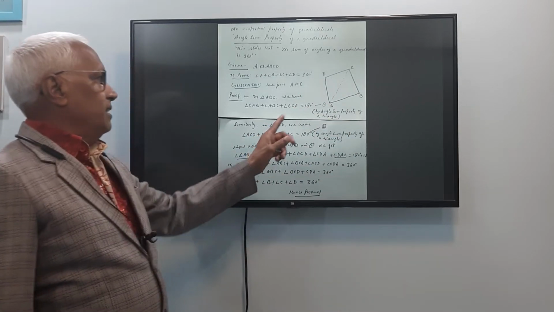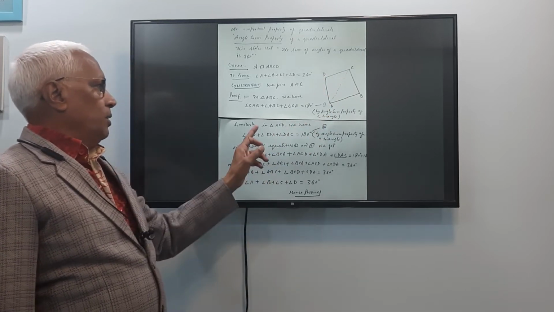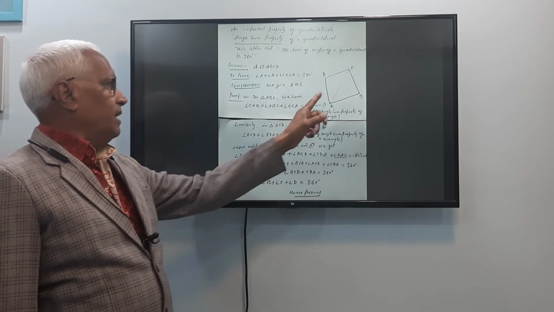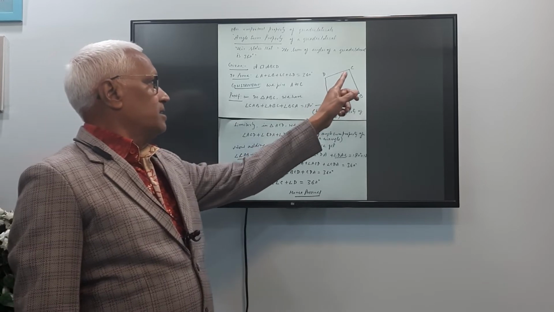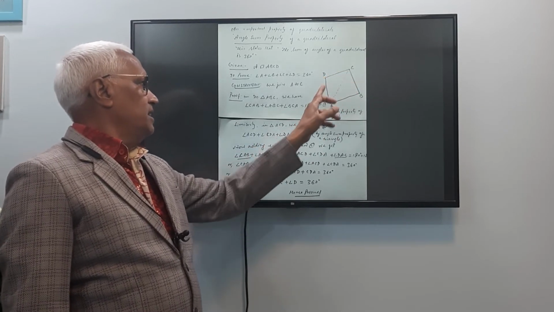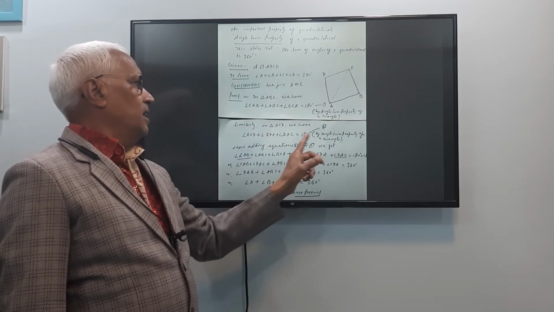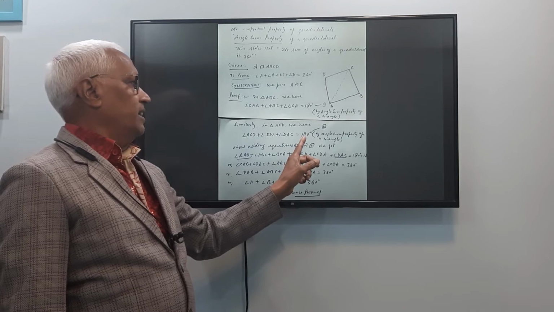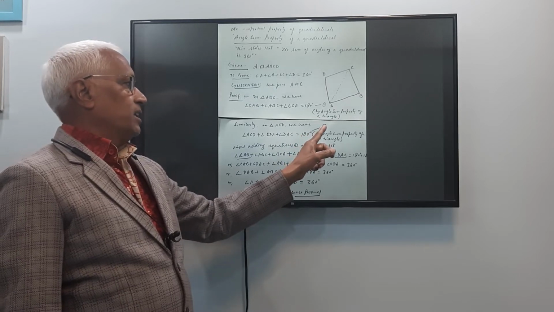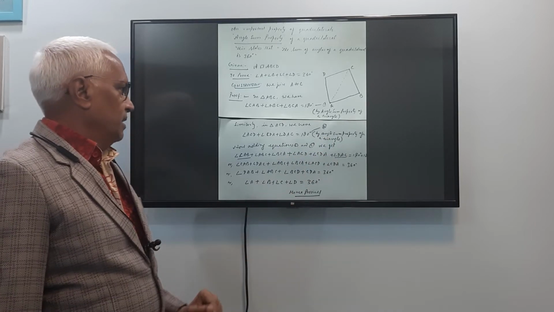Similarly, in second triangle ACD, we have angle ACD plus angle CDA plus angle DAC is equal to 180 degrees. Equation number 2, again by the angle sum property of a triangle.